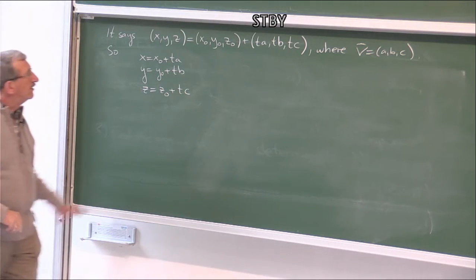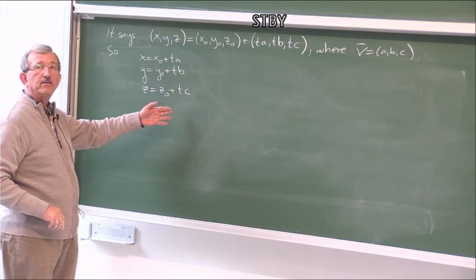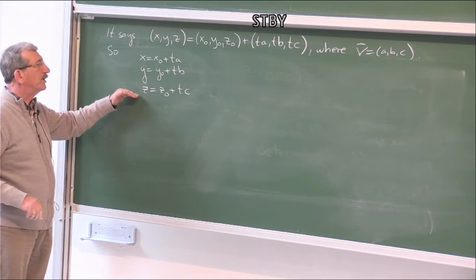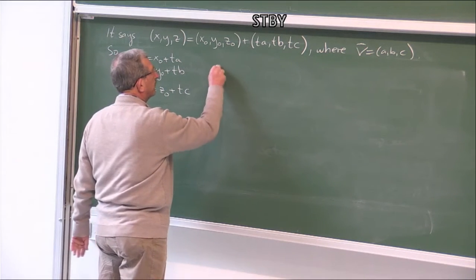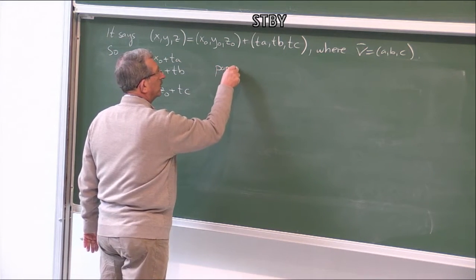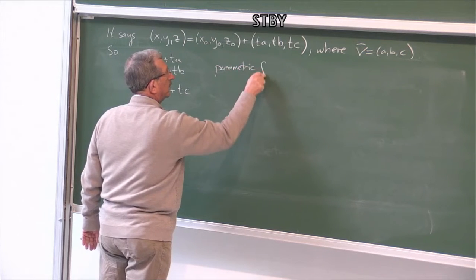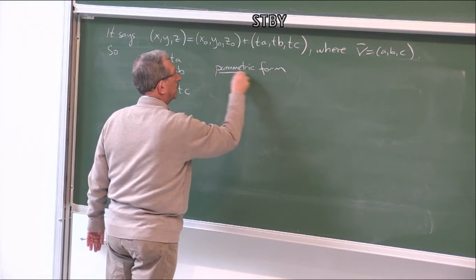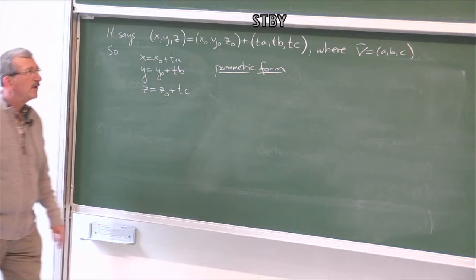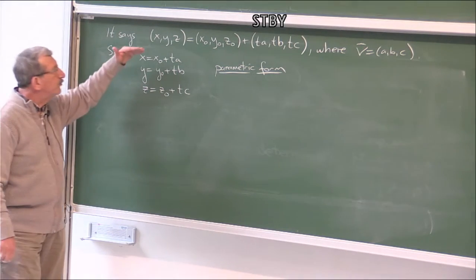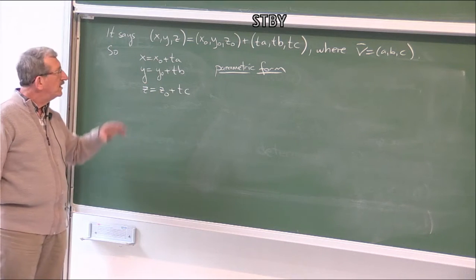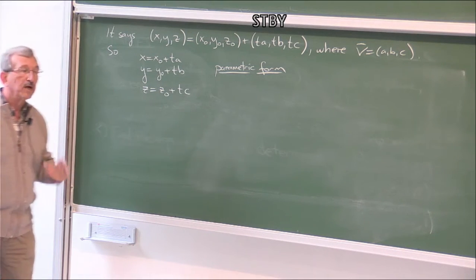Note that t is a parameter here, and we have three scalar equations now. This is called the parametric form. It means exactly the same thing as before, but instead of vectors, we use three equations, depending on a t all the time.